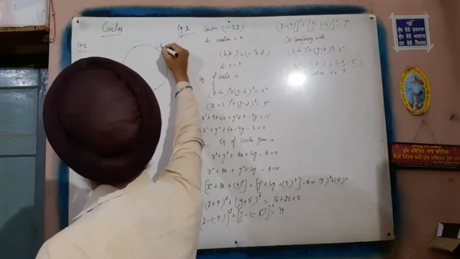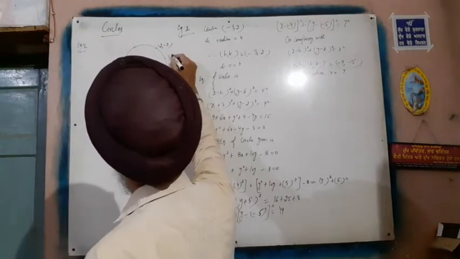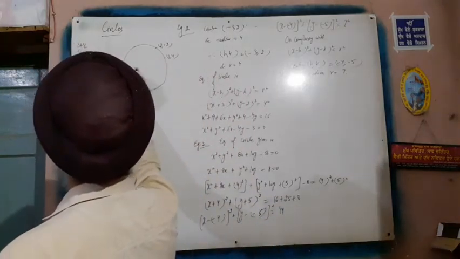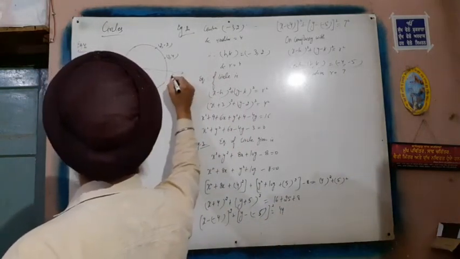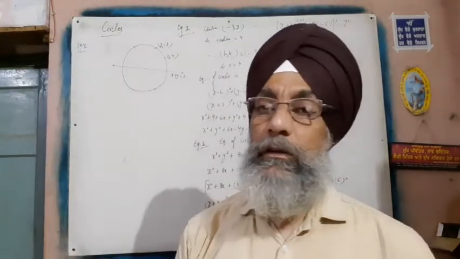We take some point 2, minus 2 on it, another point 3, 4 on it, and the center lies on the line x plus y is equal to 2. Center is represented generally by h and k.